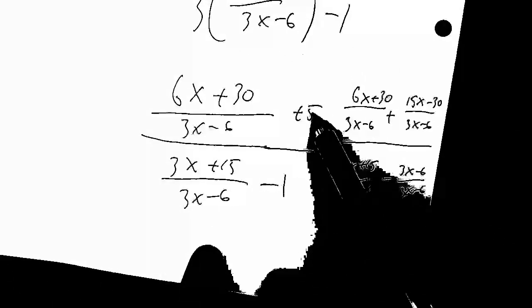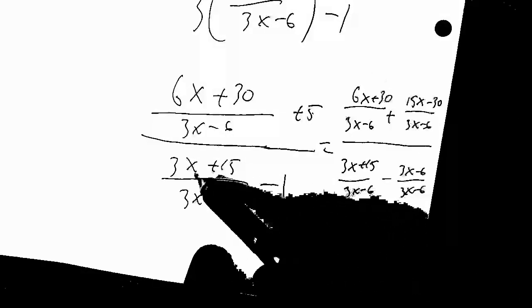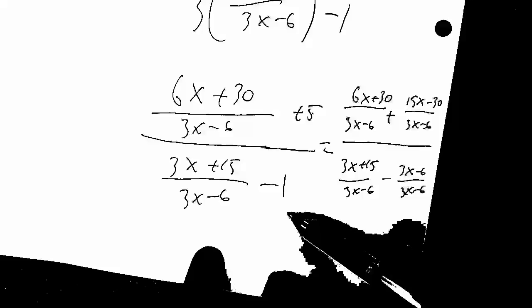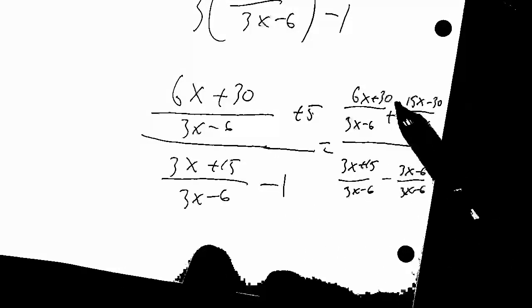So that 5 I converted to this kind of fraction. This 1 I converted to this kind of fraction. So like this, right, 3x minus 6 over 3x minus 6 is 1. It's just another way of rewriting it, and I rewrote it so that we could combine these two.